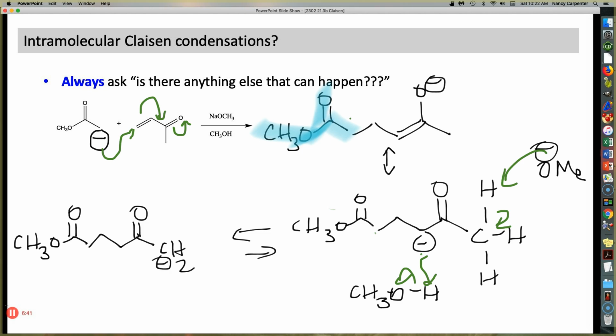That's just equilibration, moving our enolate around. Now I have 1, 2, 3, 4, 5, 6.